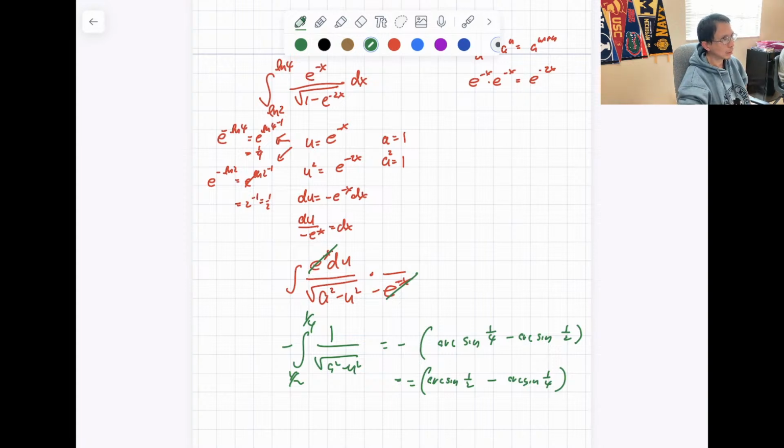So let me write down here. It's gonna be negative arc sine of u, which is u over a, right? A is 1, so it doesn't matter, from 1/4 to 1/2.